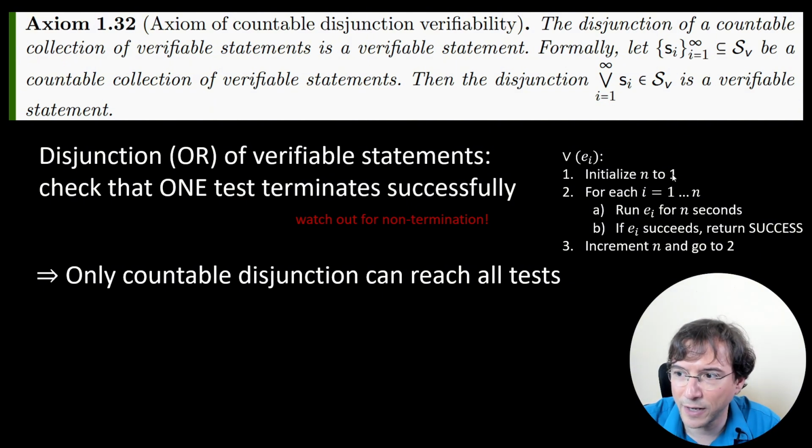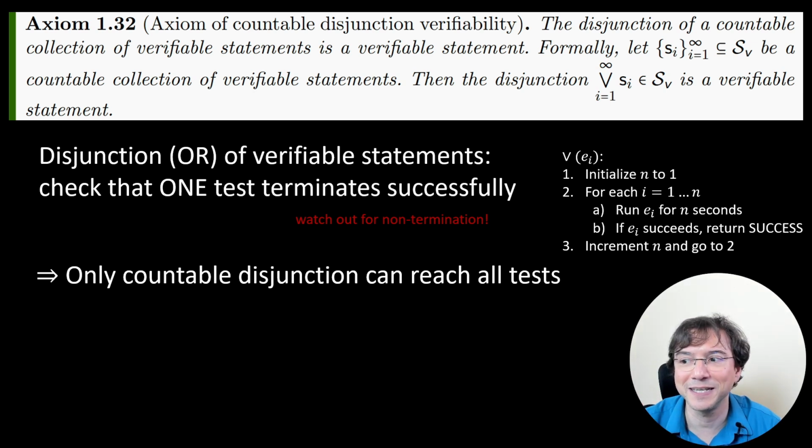So again, we can do something similar to what we said before. We initialize n to 1, and then you run the first n tests for n seconds. So you run the first test for 1 second, and if you succeed, you just return. Chances are it does not, then you increment n, and you're not going to just run the first test for 1 second, you're going to run the first 2 tests for 2 seconds. So you increment the number of tests and the amount of time. If you don't terminate, then you go back and run 3 tests for 3 seconds and so on.